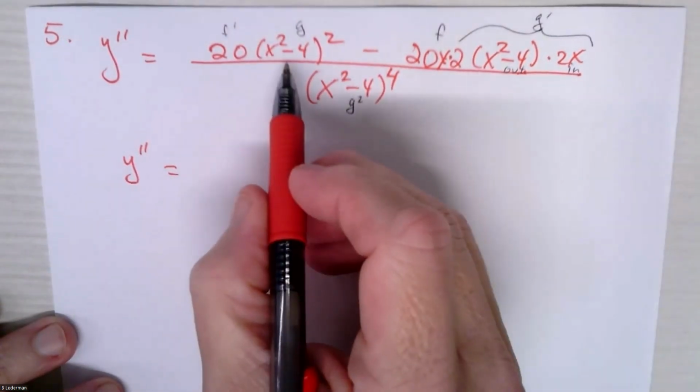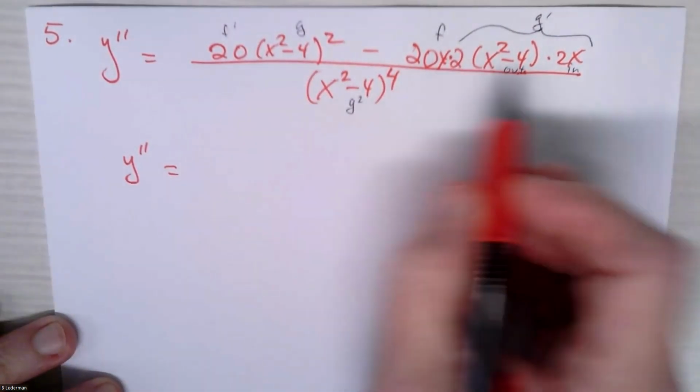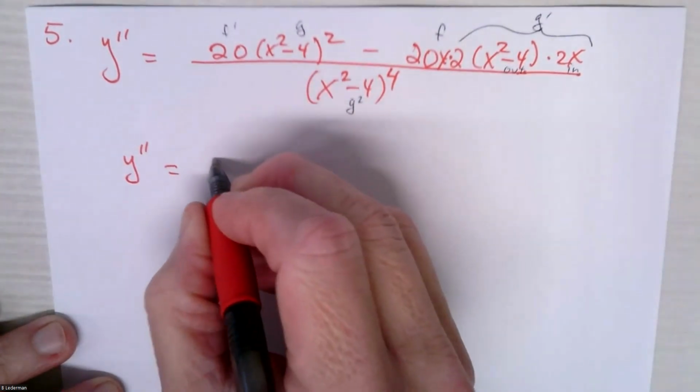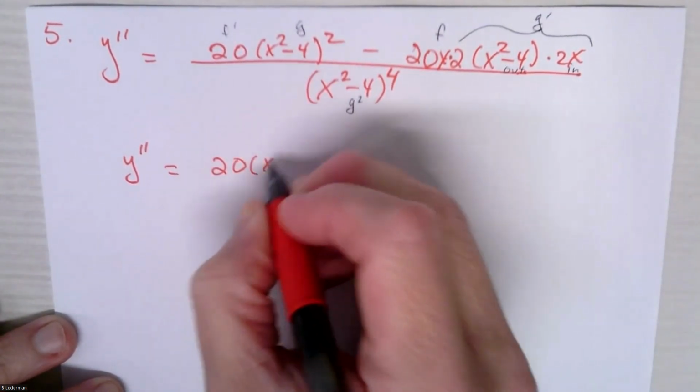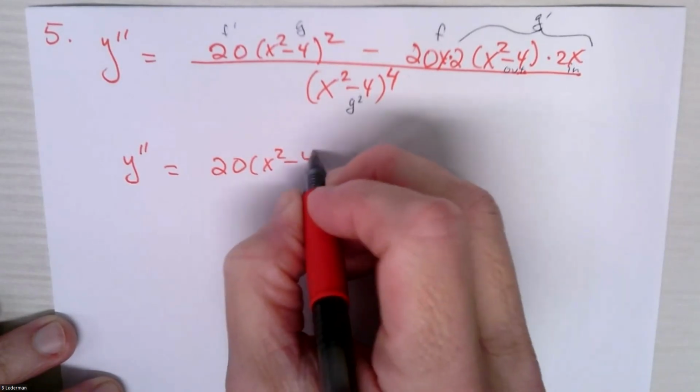There's a 20 times x squared minus 4 in both of these terms. So I could factor out 20 times x squared minus 4.